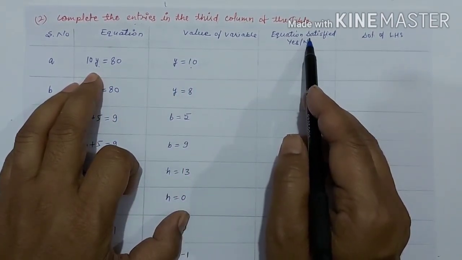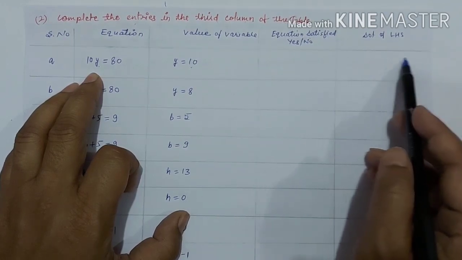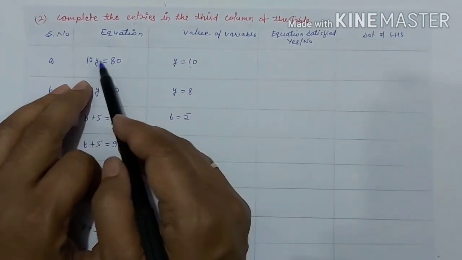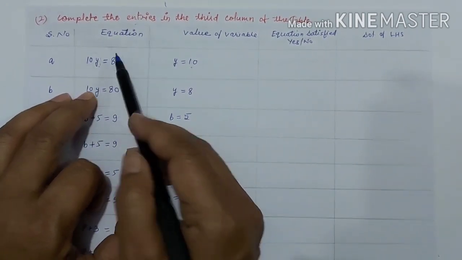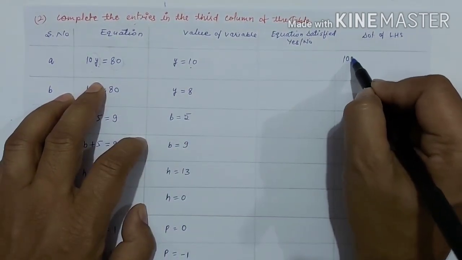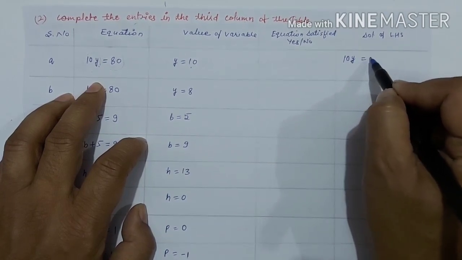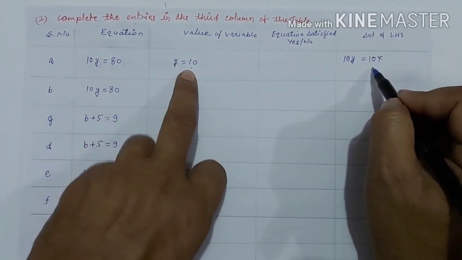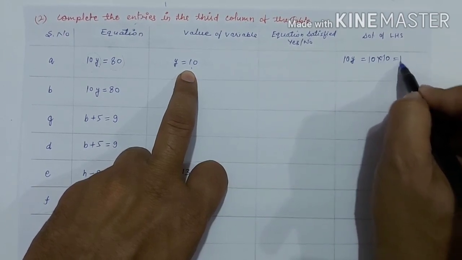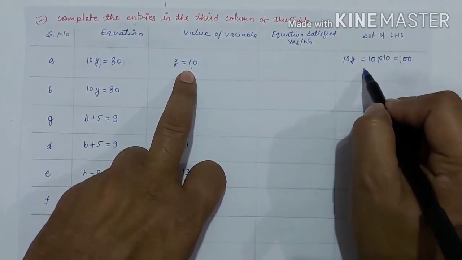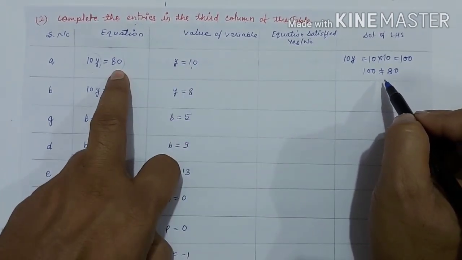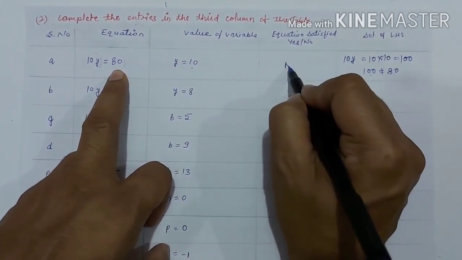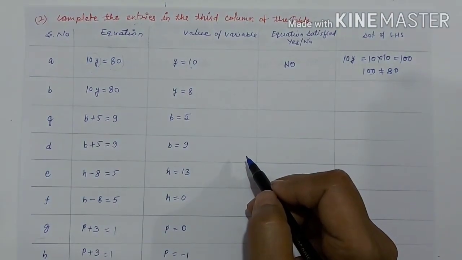Your answer is satisfied, yes or no. First we solve the left hand side: 10y, 10 × 10 = 100, which is not equal to 80, so the answer is no, not satisfied.